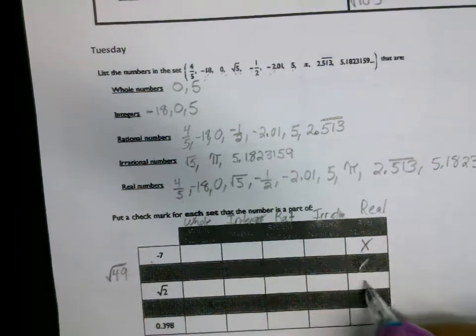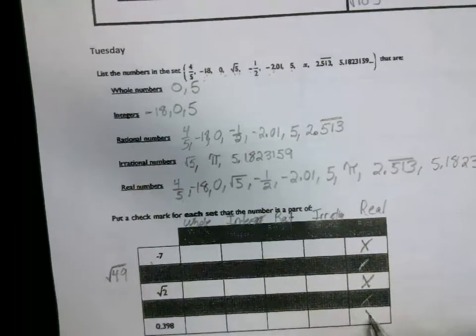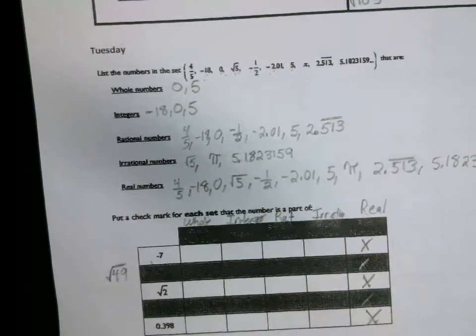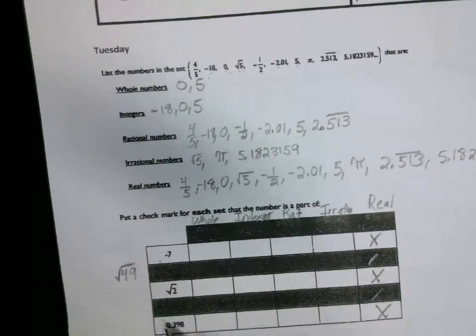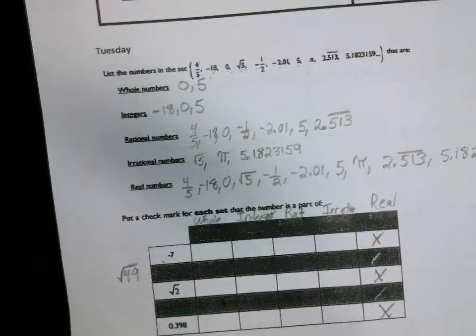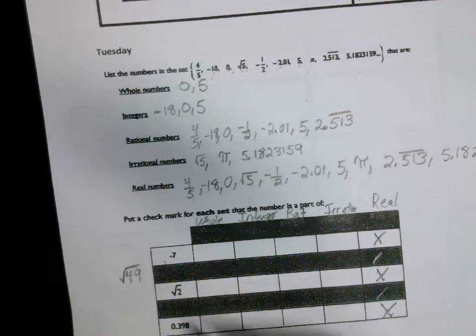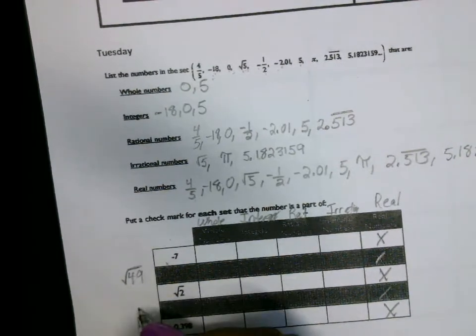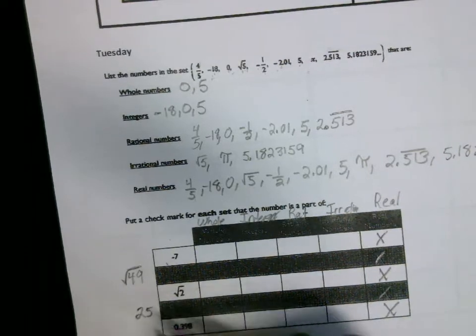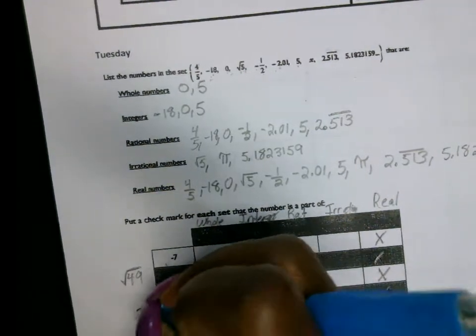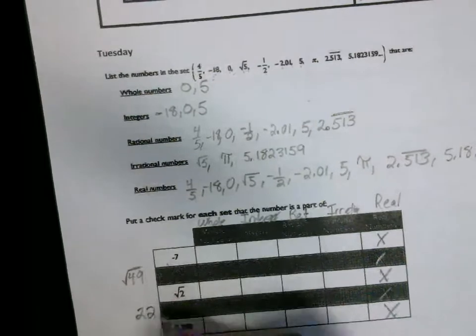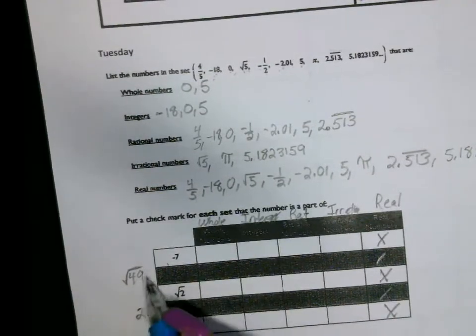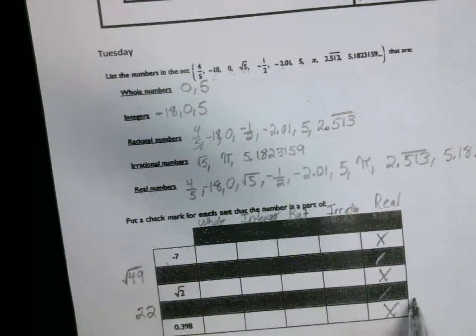So you need to make sure you put X's in all of these, because every number you can think of is going to be a real number. Let's put a whole number here. Let's put 22, because this is hard to see. So I'm just going to put this number for this space, okay?